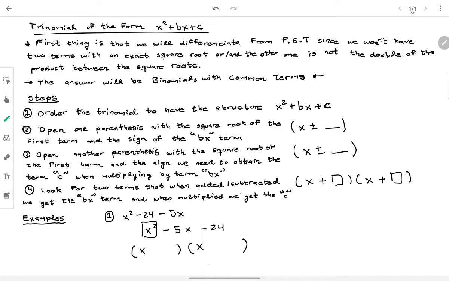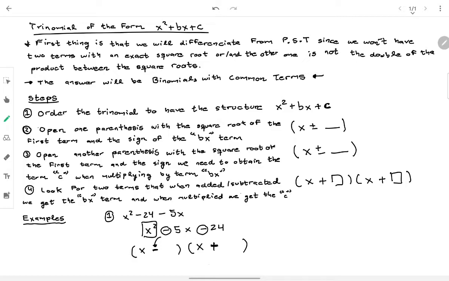Then the first parenthesis will have the sign of the bx term. What happens with the second parenthesis? Remember, we need to check: minus to become a minus term, we need to multiply it by a plus term, because if we multiply minus by plus, it's minus.